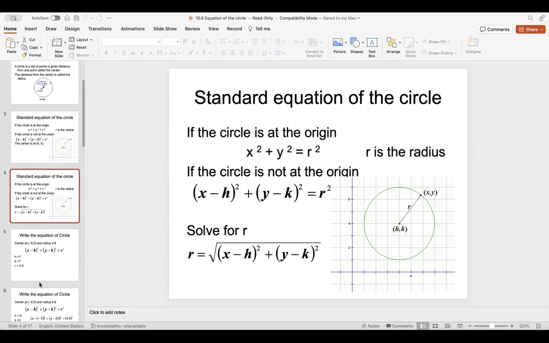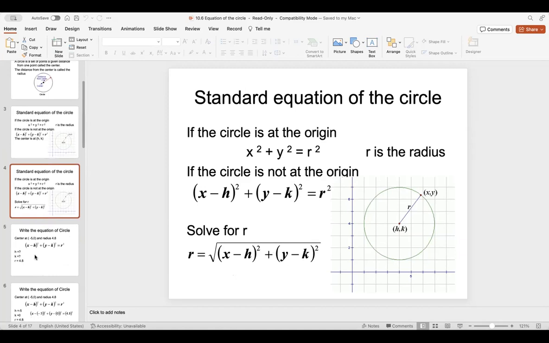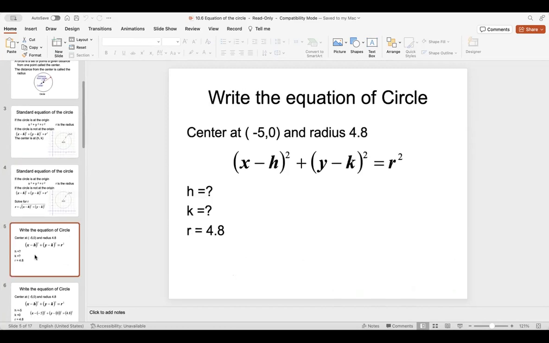So let's see if we can find the radius of this one. For example, the center of the circle is this, so that means h is going to be 5, then k is going to be 0.